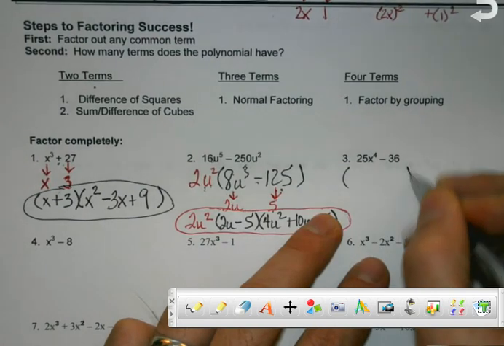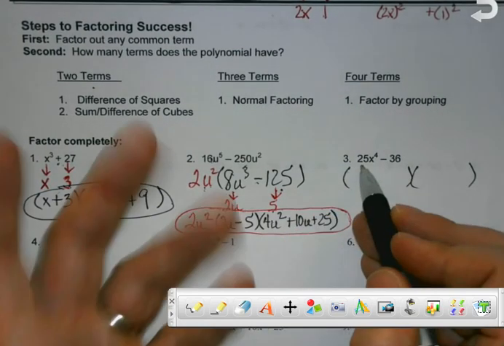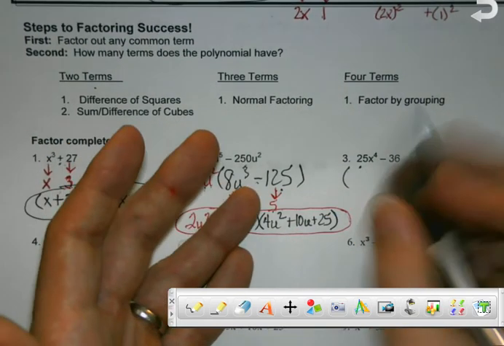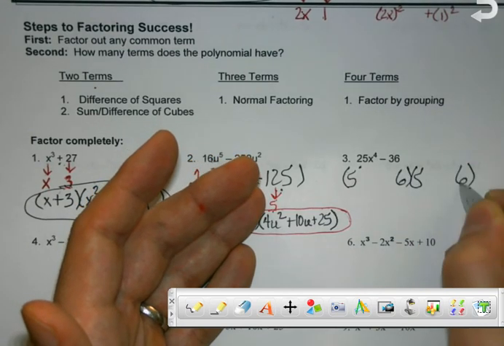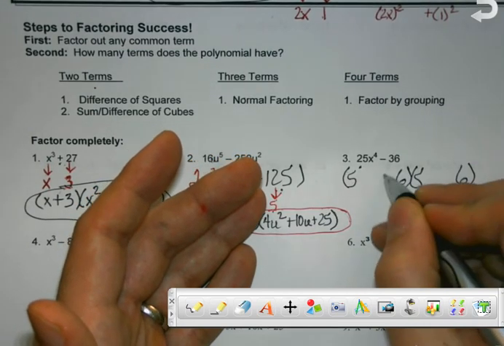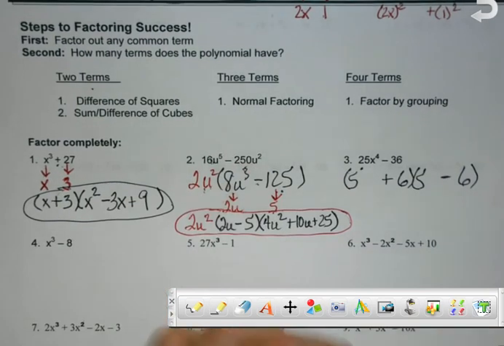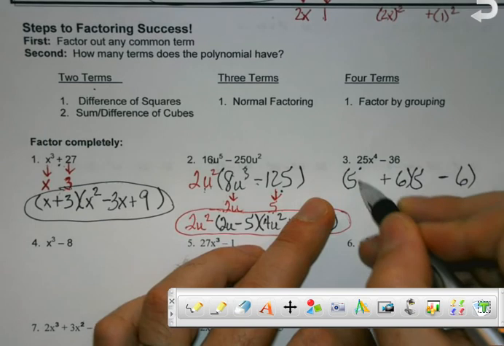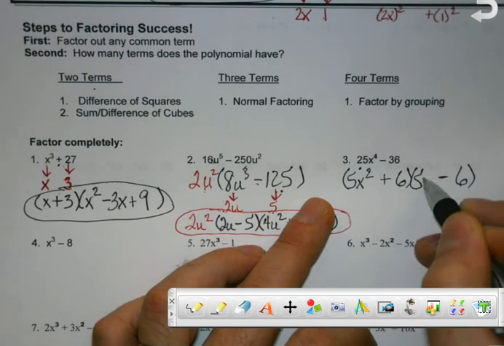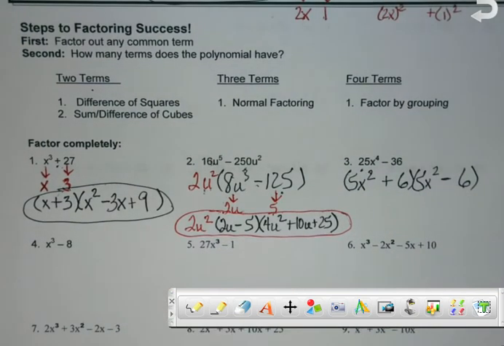So I look at this, and I'm like, okay, what do I square to get 25? 5. Okay. And I square 6 to get 36. And I know it's plus and minus. What about this x to the 4th, though? X to the 2nd, because 2 plus 2 is 4.